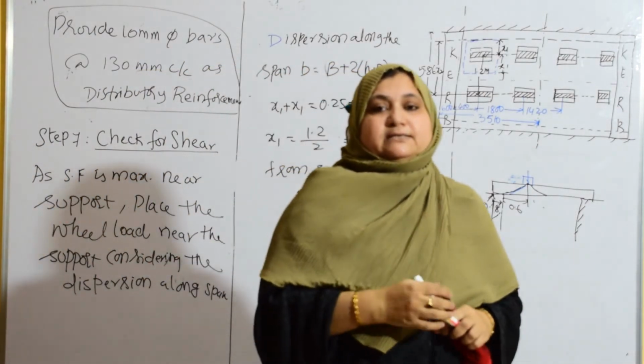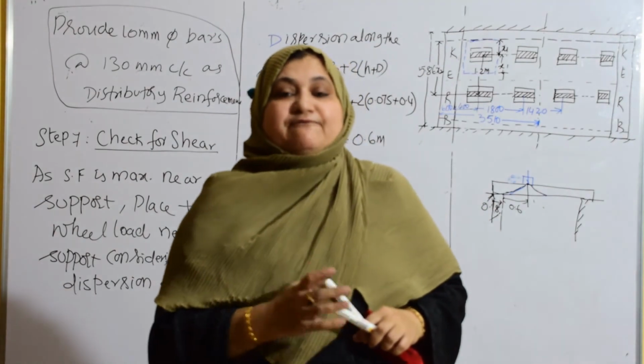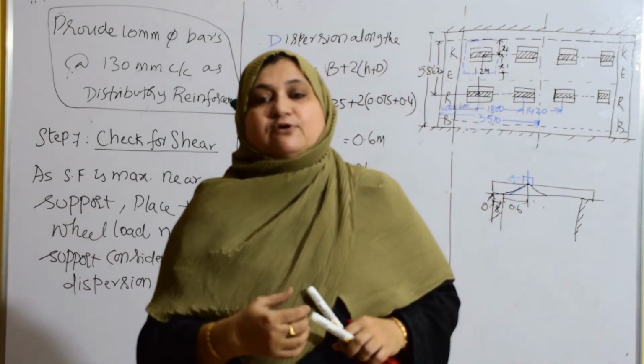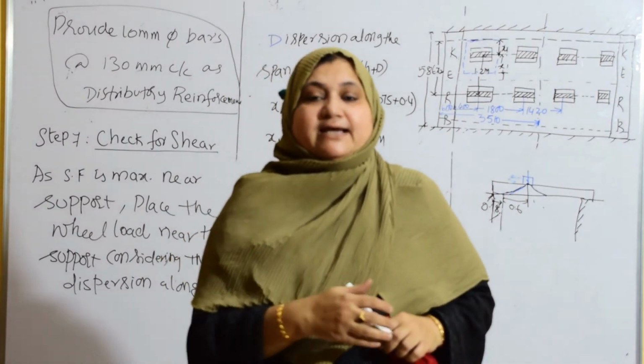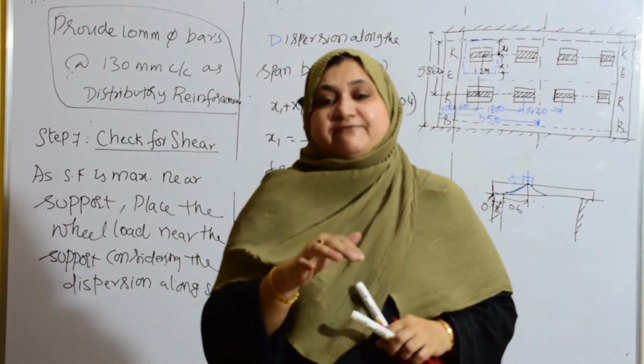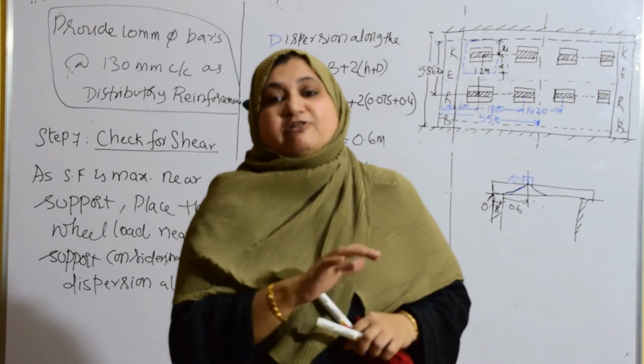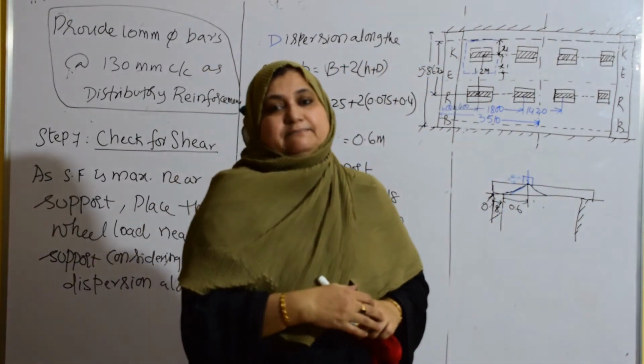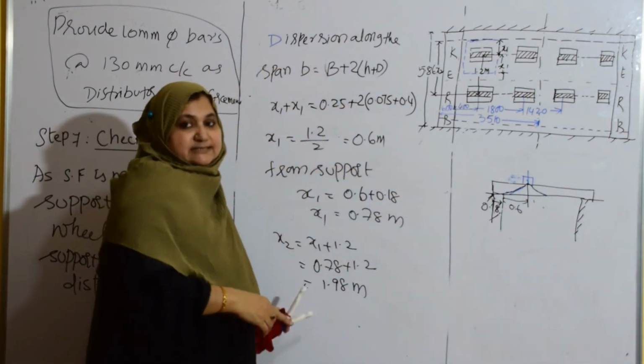In the bending moment calculations, the effective span was the same whether it was for axle 1 or axle 2. But here the effective width will be different for the first axle and for the second axle, because x1 and x2 are separate.